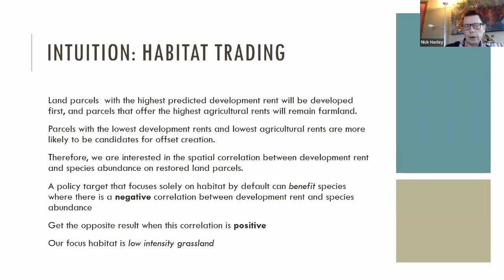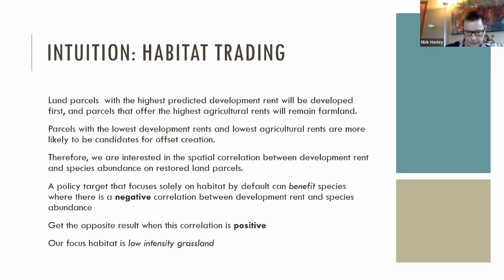Well, first of all, we might imagine that land parcels with the highest predicted development rent, most profitable for housing, will be developed first, and that parcels that offer the highest agricultural rents are more likely to remain as farmland. Parcels with the lowest development rents and the lowest agricultural rents are more likely to become potential offset supply sites.